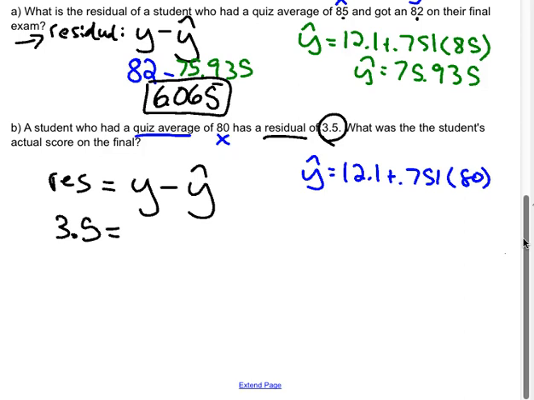So all I have to do is plug that in, 12.1 plus 0.751 times 80. So this student would be predicted to get 72.18, and we're looking for their actual score. Now here the cool thing is, this is just a little bit of algebra, to be honest. If I want Y, don't I just add the 72.18 over?